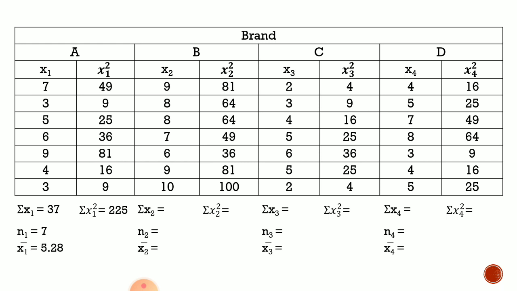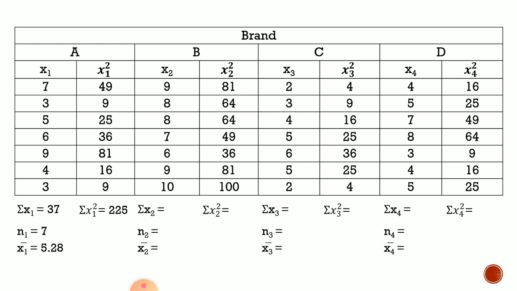And n sub 1 is the sample size for group A. We have 7 data, therefore 7 is our n. Then the x sub 1 bar, or the mean of group A, is 37 divided by 7, which is equal to 5.28.